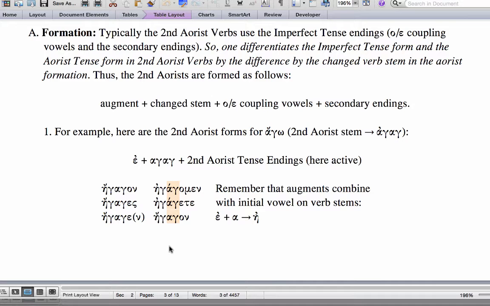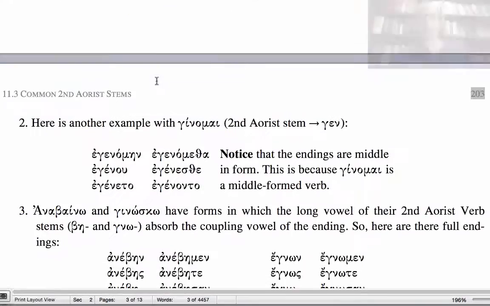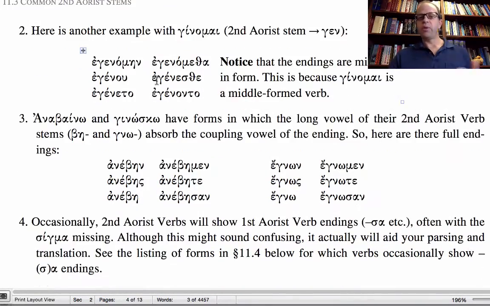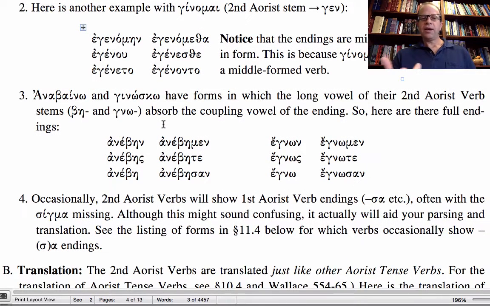So to recognize second aorist verbs, one must recognize the stem change. And this adds some complexity to parsing verbs and then properly translating sentences. So here are some other examples with a middle formed verb, ginomai. You can see that there, and there are other forms that are given here.